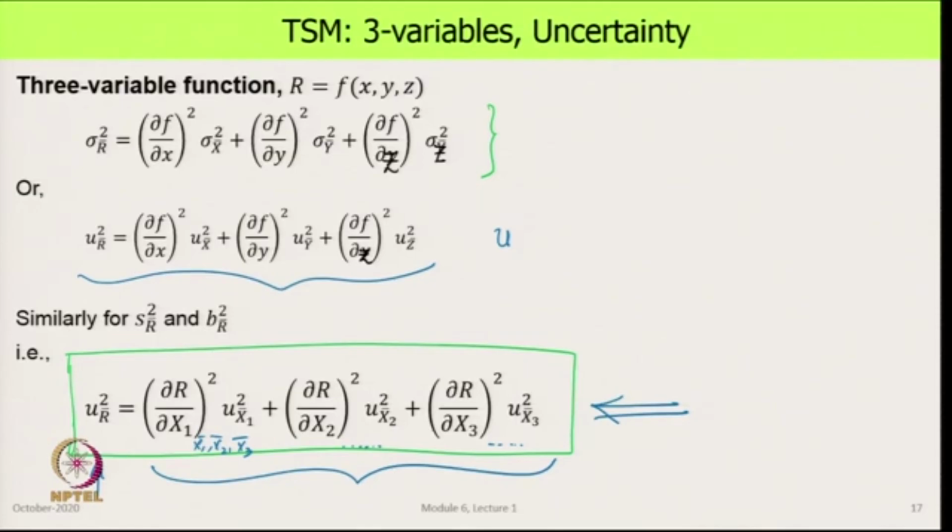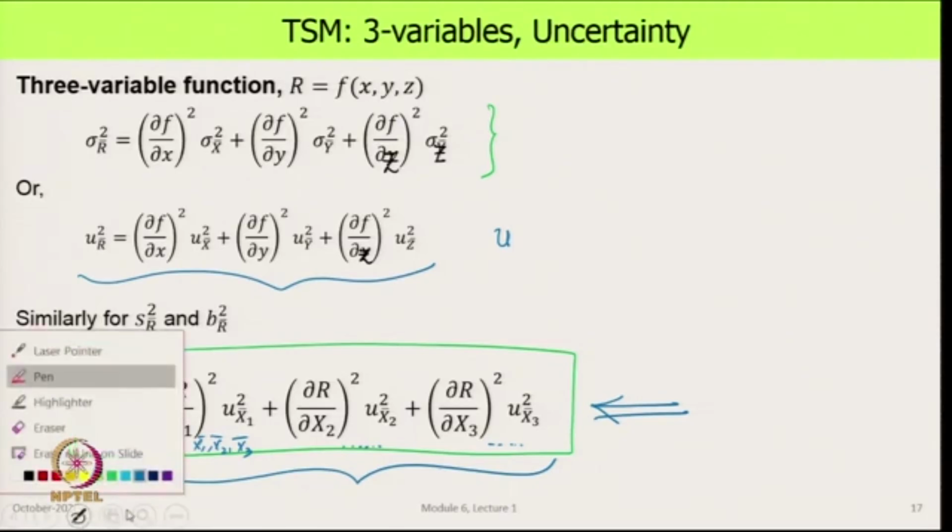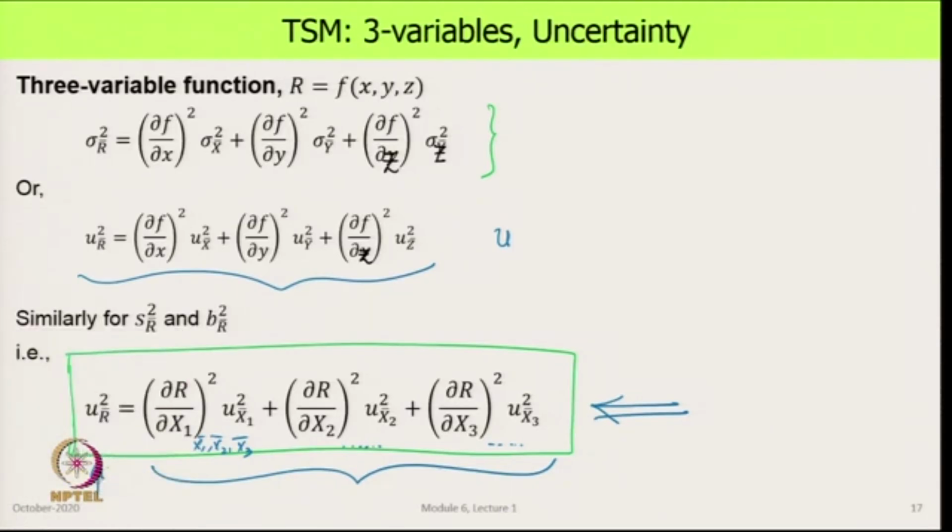So, when we say propagation of uncertainty, what we are saying is how these errors end up finding a way into the uncertainty in the result. That is why this is called uncertainty propagation.